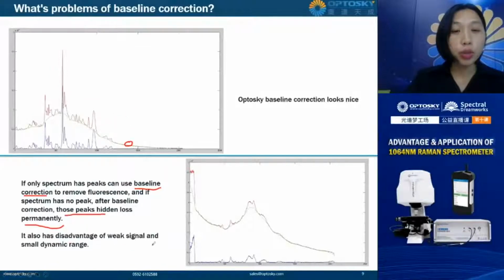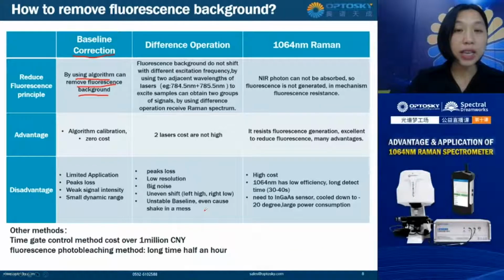Also, like this spectrum, it has a strong fluorescence background, the peak signal is very weak, and the dynamic range is very small. So we sum up that although baseline correction has the advantage of zero cost, it has the disadvantages of limited application, peak loss, weak signal intensity and small dynamic range.